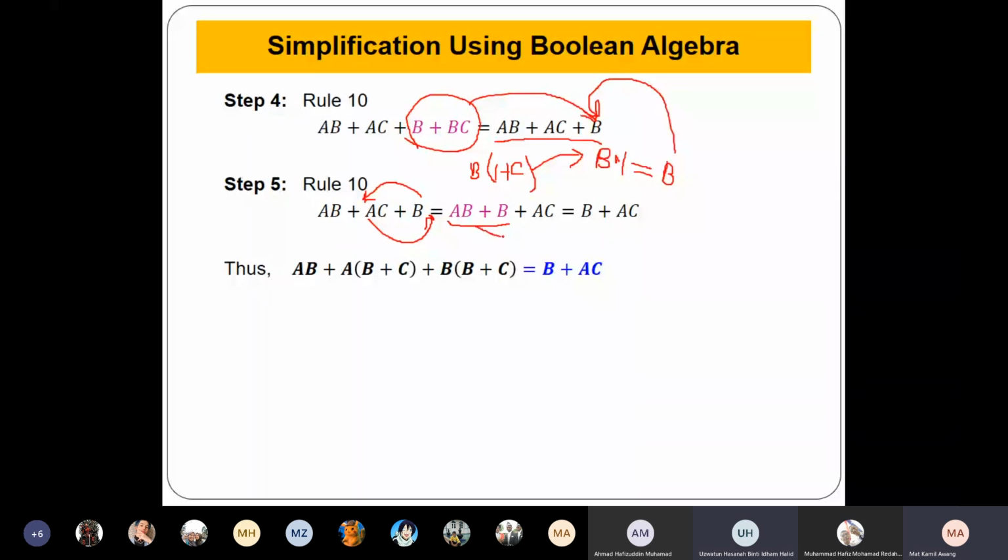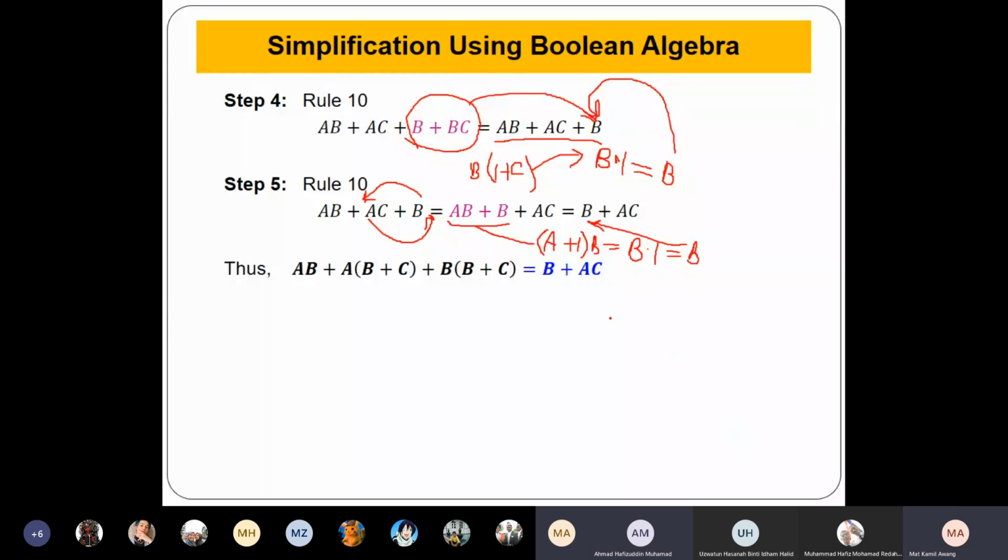What is this? This is actually B plus 1, B, so it becomes B dot 1, which is B. So now we have 2 terms.